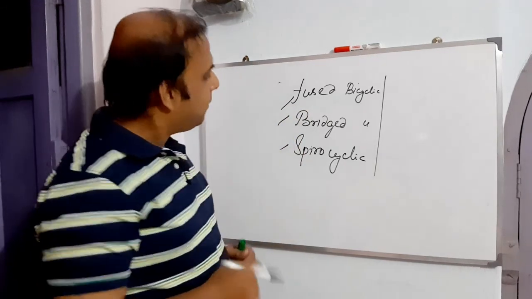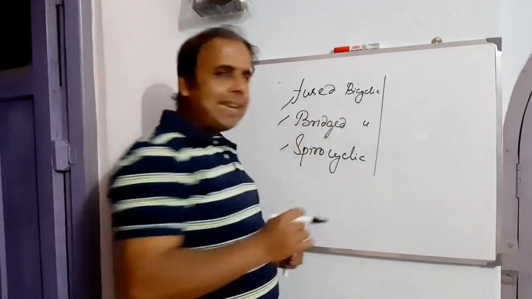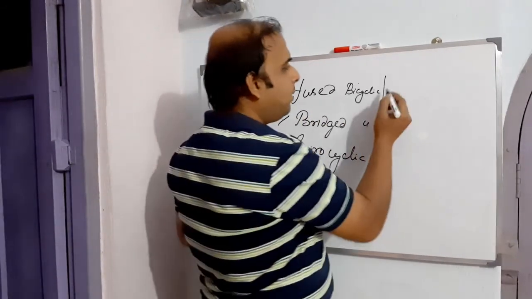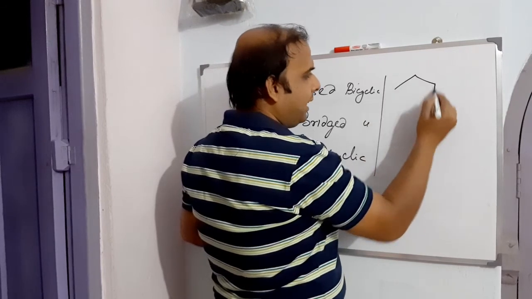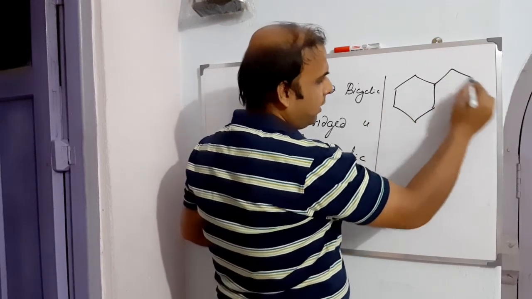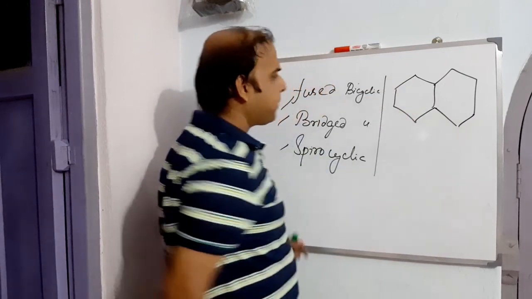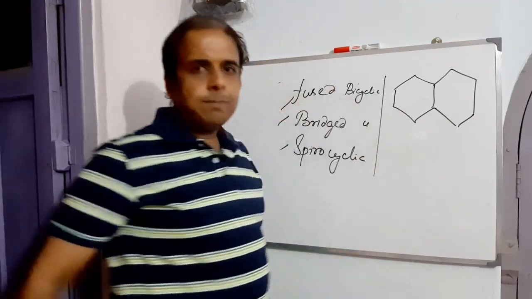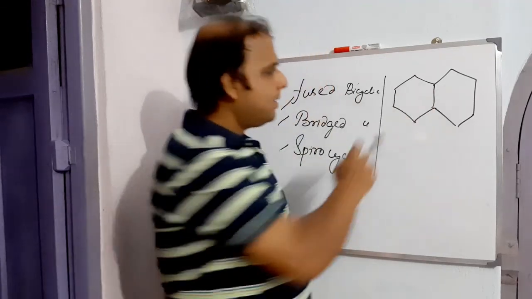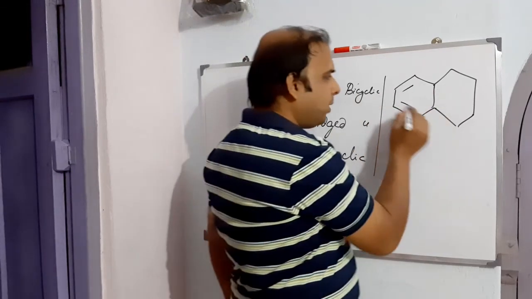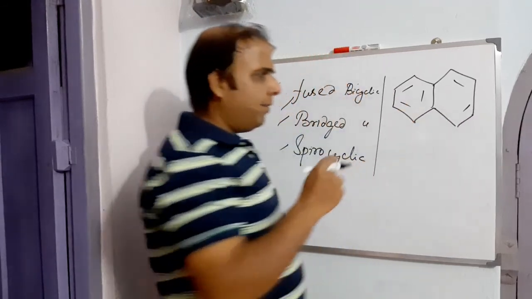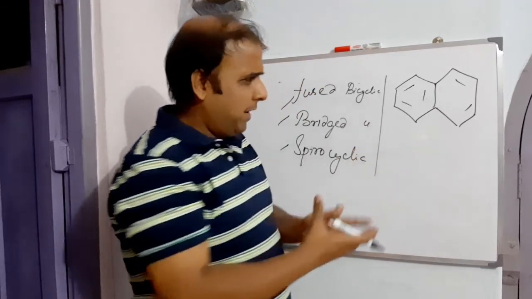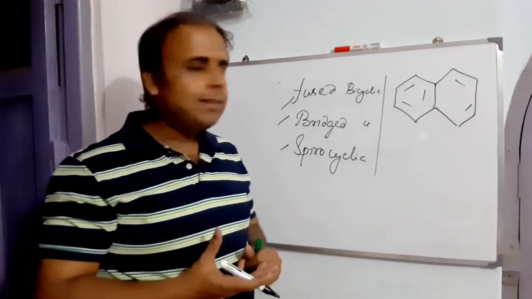First, let us see how a fused bicyclic system looks, what the morphology of that system is. This is the kind of fused bicyclic system: two six-membered cycles. If we bring unsaturation inside the rings, it is a very well-known chemical called naphthalene.